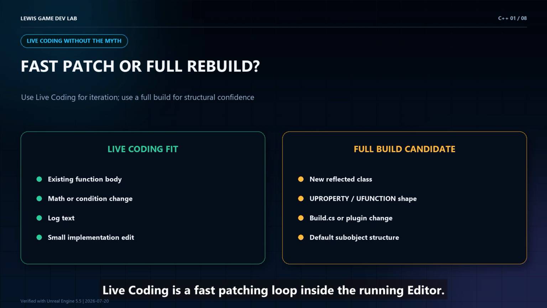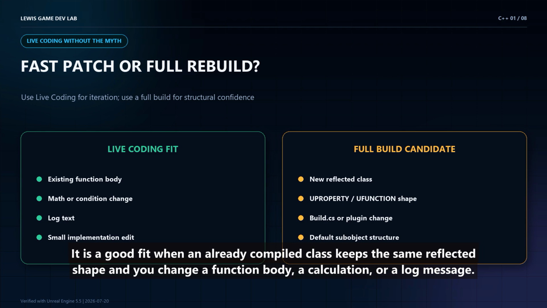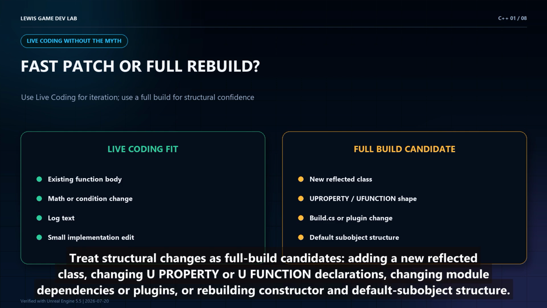Live Coding is a fast patching loop inside the running editor. It is a good fit when an already compiled class keeps the same reflected shape and you change a function body, a calculation, or a log message. Treat structural changes as full build candidates: adding a new reflected class, changing UPROPERTY or UFUNCTION declarations, changing module dependencies or plugins, or rebuilding constructor and default subobject structure.